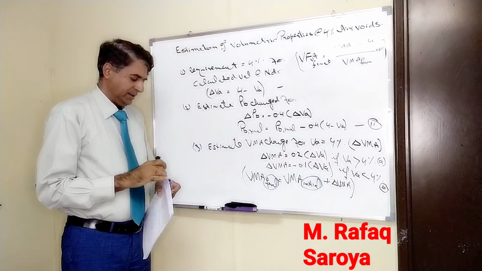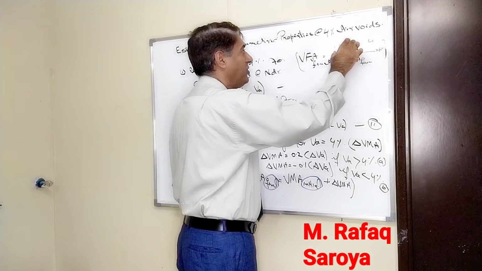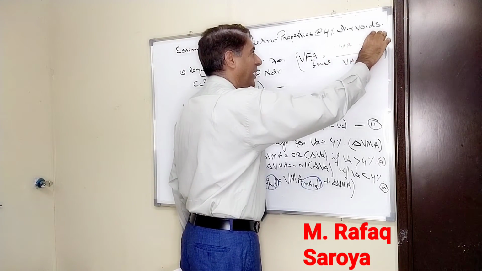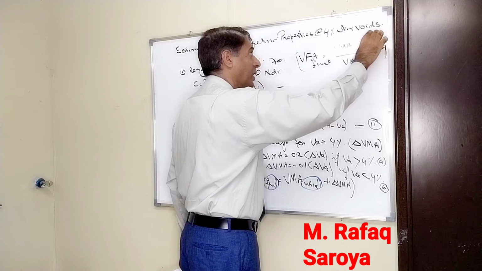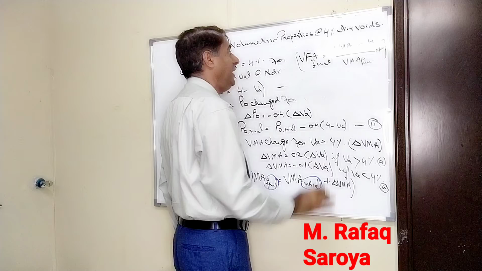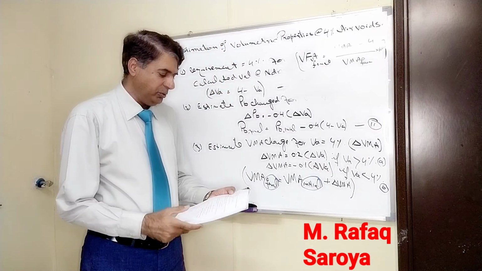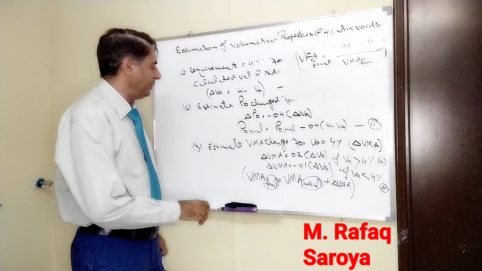That's it. If my VMA is changed and my air void is constant, I have to convert into 4%. Whatever value comes, it will be VFA final. Clear?